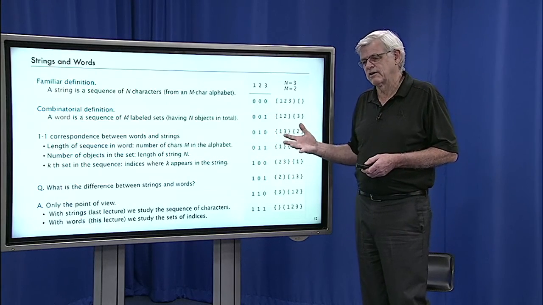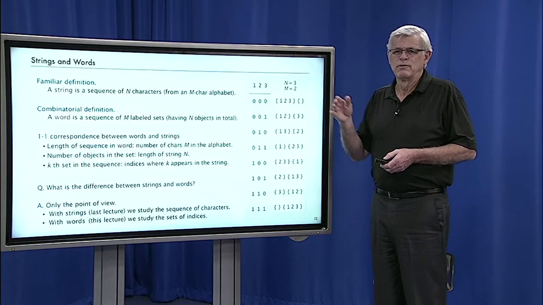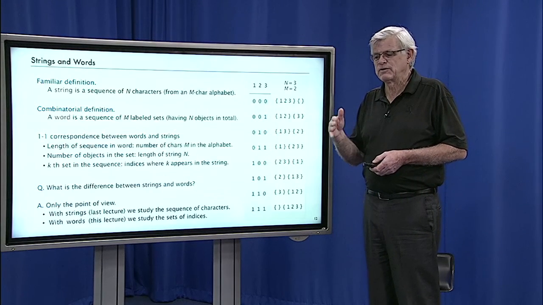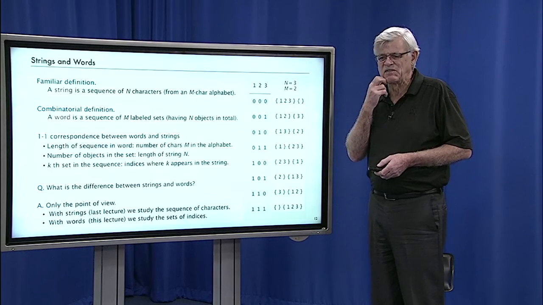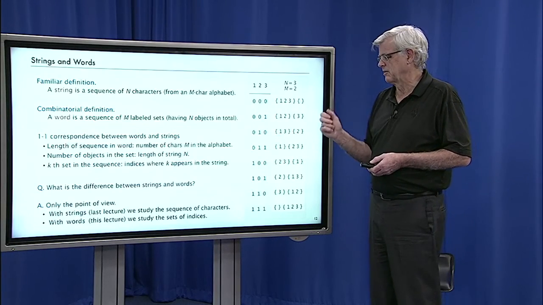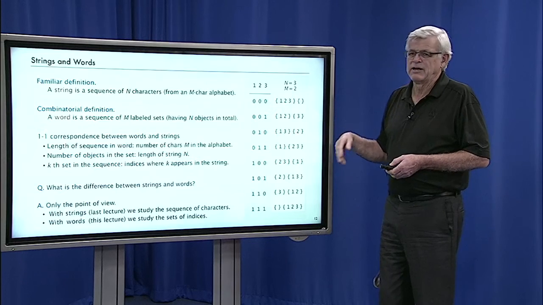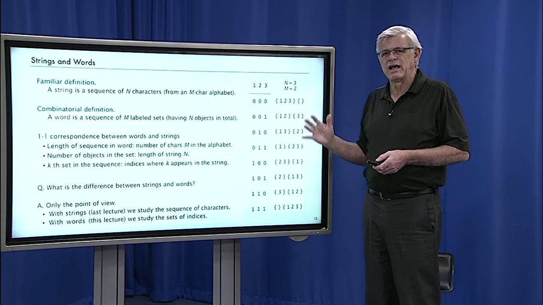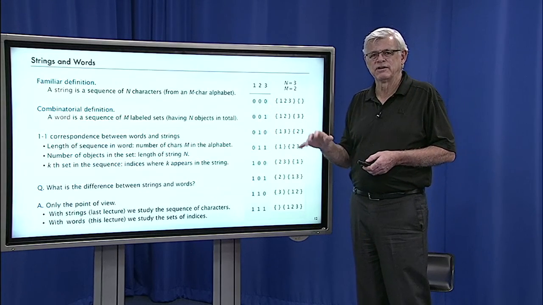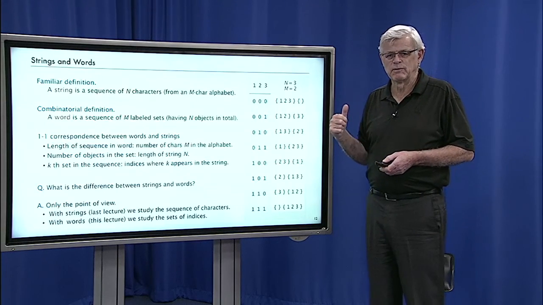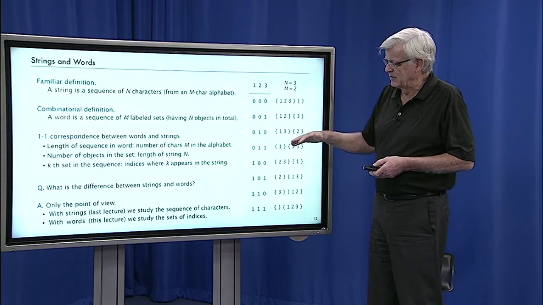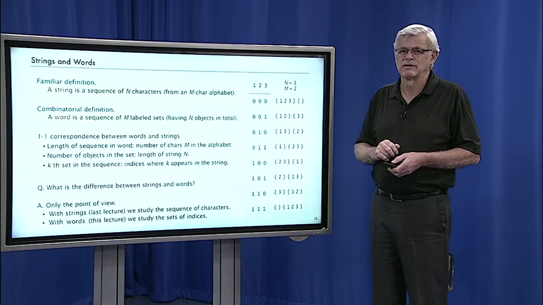Last lecture, when we were looking at strings, we were concerned about the sequence of characters and about the relationships between one and the next in the sequence, looking for patterns in the string and so forth. This time, we're interested in applications where the sets of indices are important, where it matters how many zeros there are, how many ones there are, and so forth. But really, it's the same object.